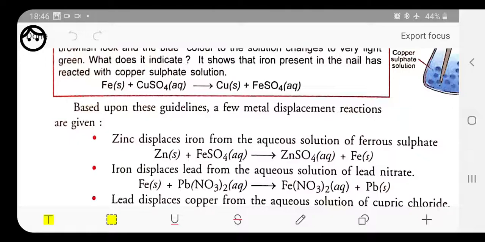Kindly go through the book and see the reactivity series. According to the series, the one which is present above is more reactive, and the ones present at the downside are less reactive. So iron is above lead, that's why it is more reactive. So it has the ability to displace lead, and then formation of iron nitrate, that is ferrous nitrate, plus lead takes place.